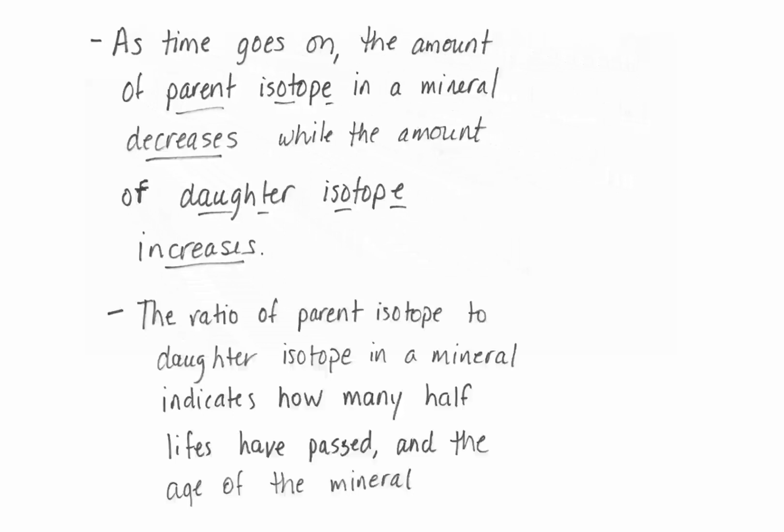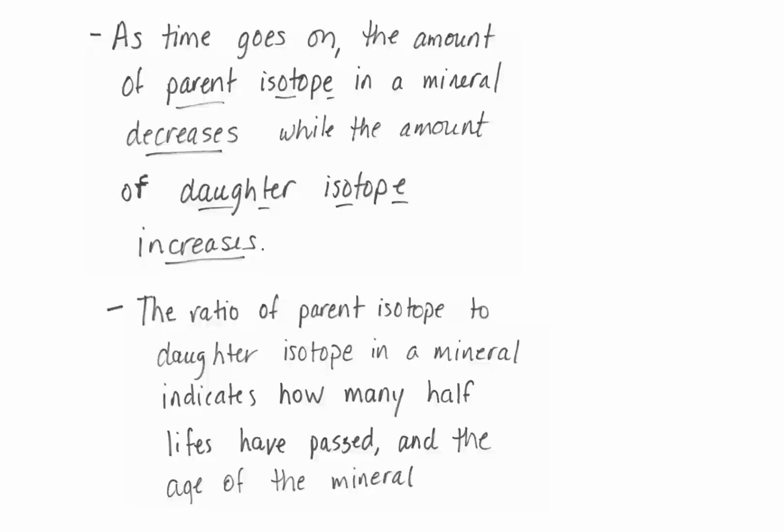So when it comes to radiometric dating, we're usually looking at the ratio of parent isotope to daughter isotope in a particular mineral that we isolate out of a rock, because it's that ratio that indicates how many half-lives have gone by.